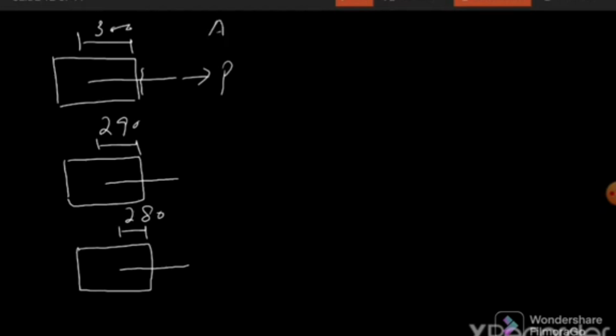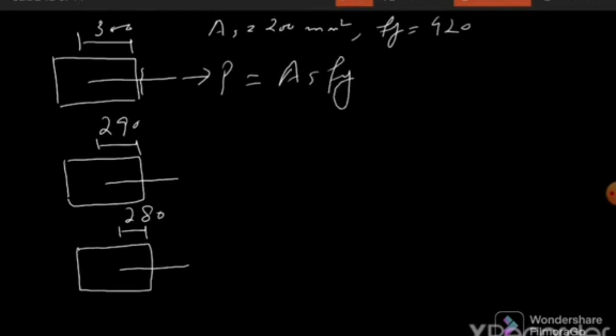The area of the bar AS is equal to 200 mm squared for a 16 mm bar, and suppose Fy of this bar is 420. So P, the load at which this fracture occurs, is equal to AS times Fy, the yield strength of the steel times the area of the bar. Substituting these values, it becomes 84 kilonewton.